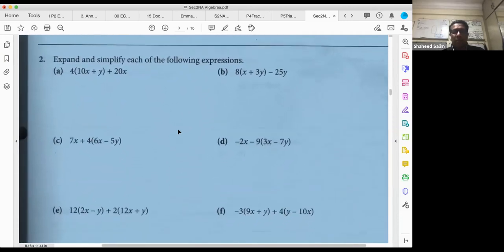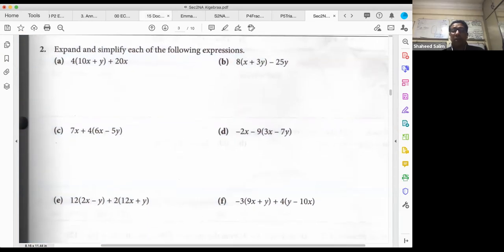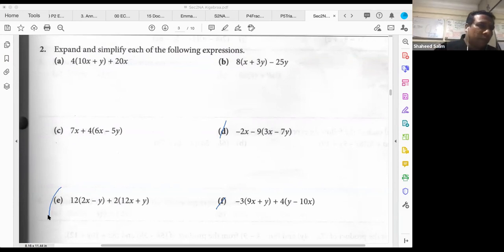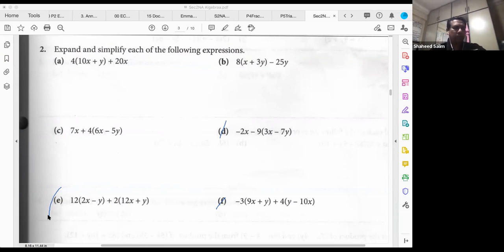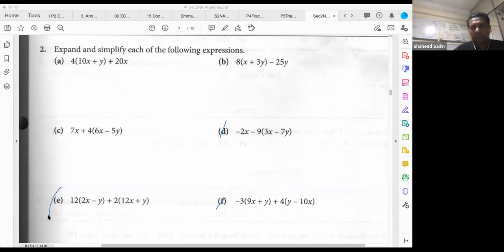Okay, we try more complex ones. D, E, F. So this one is only the 9.